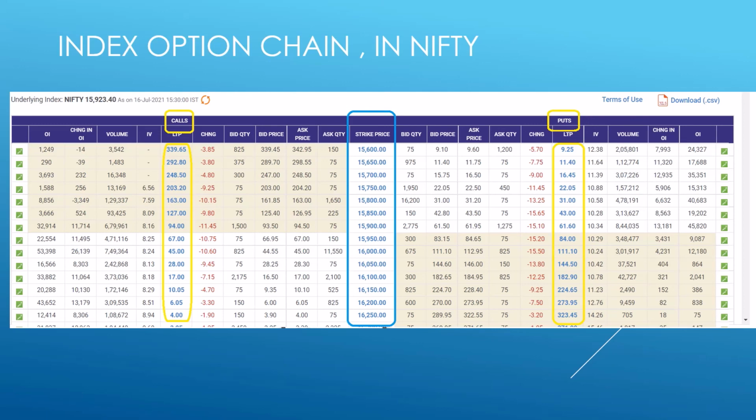Currently the market is at 15,923, almost 120 points below the strike price. Similarly, look at the call option. If you select the 15,800 call option, it's trading at 163 rupees. That's because the market is trading almost 123 points above the strike price of 15,800.